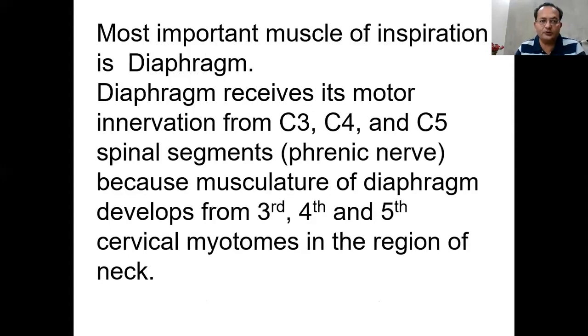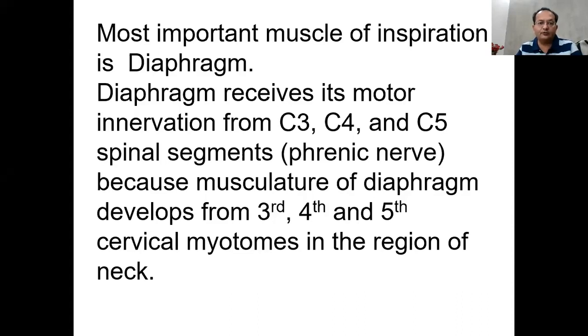Important muscle of inspiration: the diaphragm. Diaphragm receives its motor innervation from the C3, C4 and C5 spinal segments, the phrenic nerve. Because this question is asked: why does the diaphragm receive its motor innervation from the phrenic nerve?